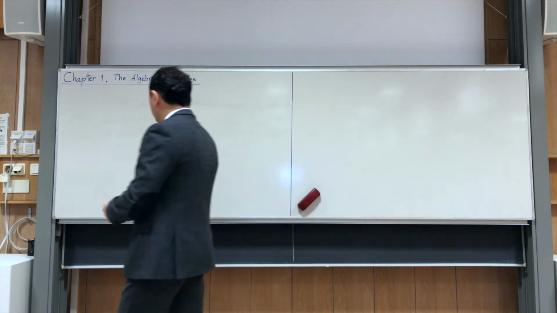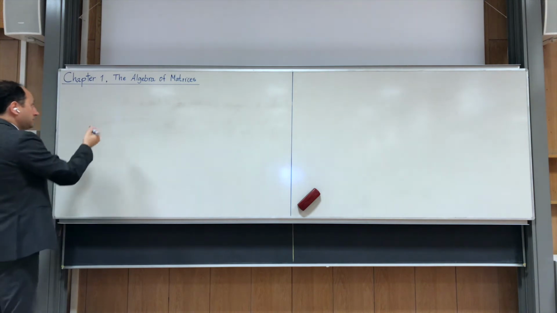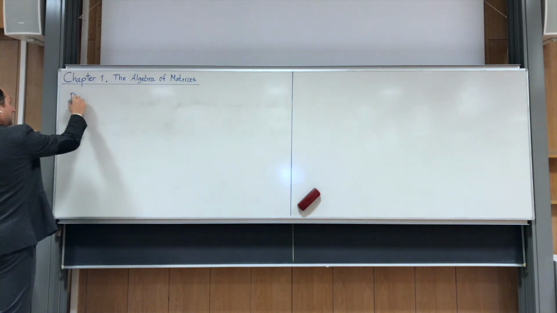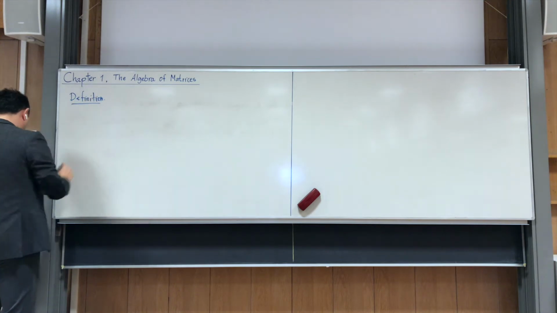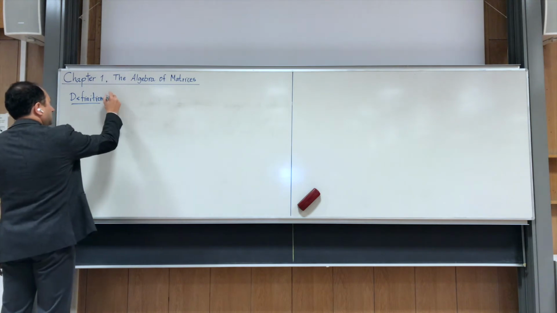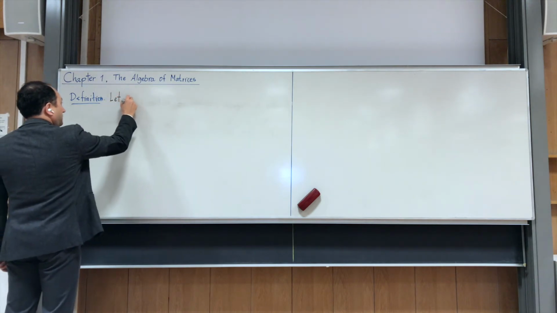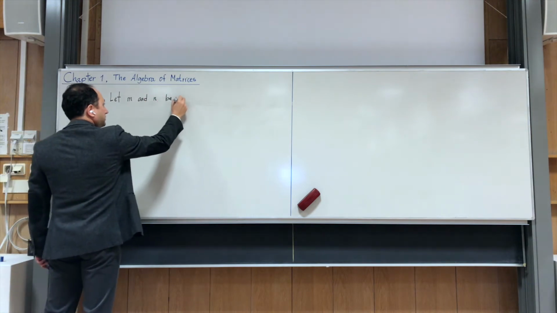The first thing that I want to talk about in this chapter is the definition of a matrix. What is a matrix? So, definition. Let m and n be positive integers.